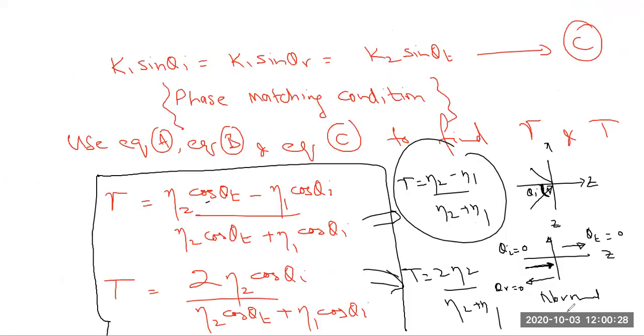Again, this is not related to this discussion, but sometimes in exam, if it is asked to draw a figure, some students draw a figure like this. Let's say, as an example, they draw a figure like this. So this is not complete information. Why is it not complete information?